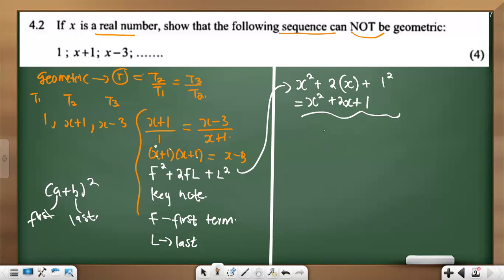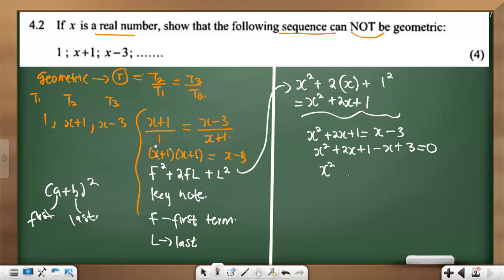I have x squared plus 2x plus 1, which will be equal to x minus 3. Let me take it to the other side. All right, let's do math. That will be x squared, 2x minus x.